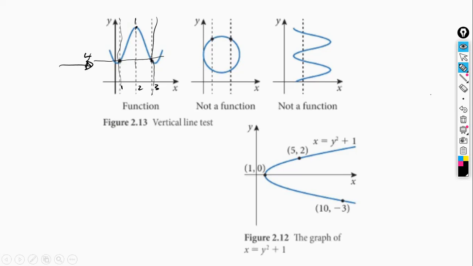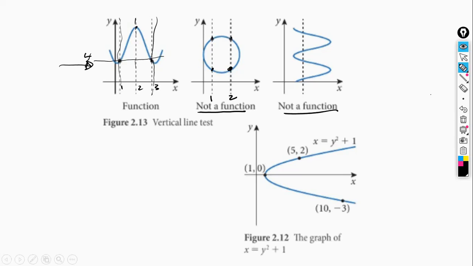What cannot happen is what we see here, where this is not a function, like this circle. So notice that this x value, let's suppose this is 2. The 2 would map into two different y values. It would map here and here. So this is just a relation, not a function. Same with this other value. Let's suppose it's 1. It maps to two different y values. Therefore, it's not a function, just like this other case that is not a function.